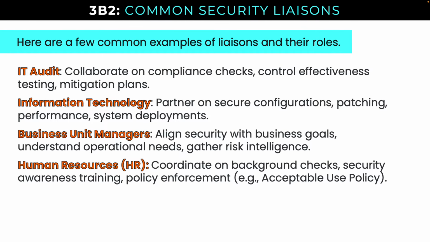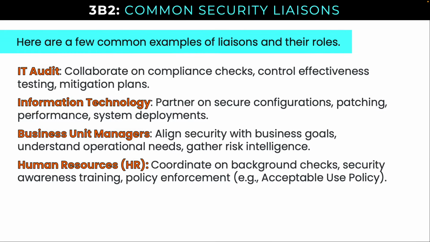Human resources, so HR will coordinate on background checks, security awareness training, policy enforcement like acceptable use policy. Very common as part of the onboarding process, the user gets that acceptable use policy that they must review and sign. HR can help us with all of this.